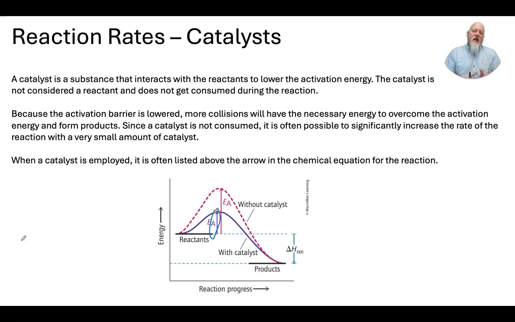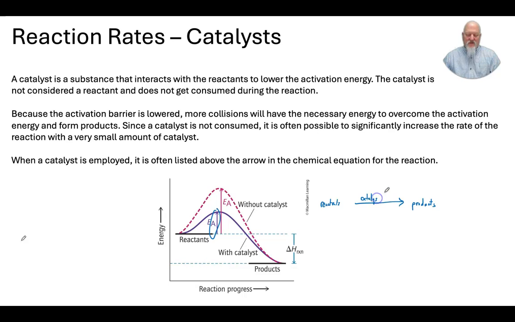Okay? A catalyst is not a reactant. It doesn't get consumed during the reaction. The catalyst will still be there at the end of the reaction after all the reactants have gone to products. So typically, when we write a reaction where we have a catalyst, you know the arrow that is from reactants to products, we write the name of the catalyst on the arrow.